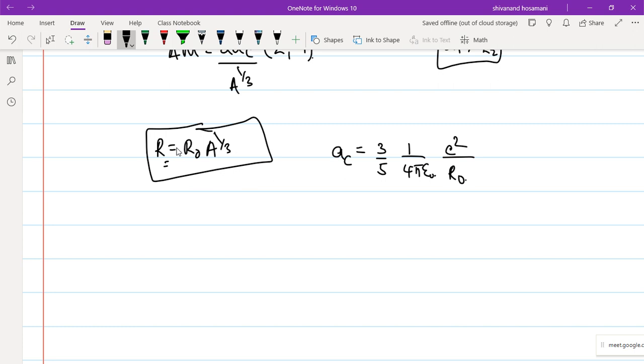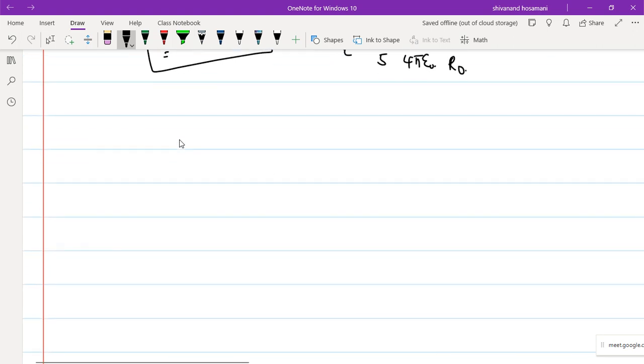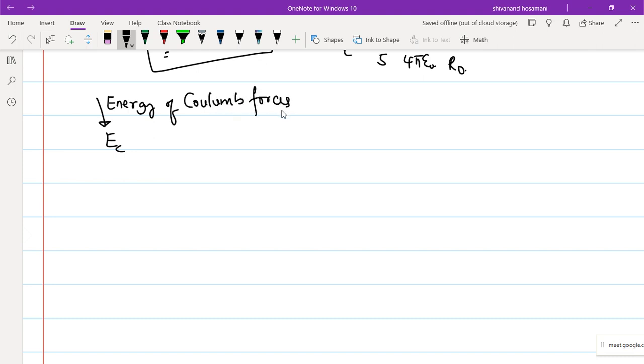Then we know that delta M is given by EC, which is the energy of the Coulomb forces.